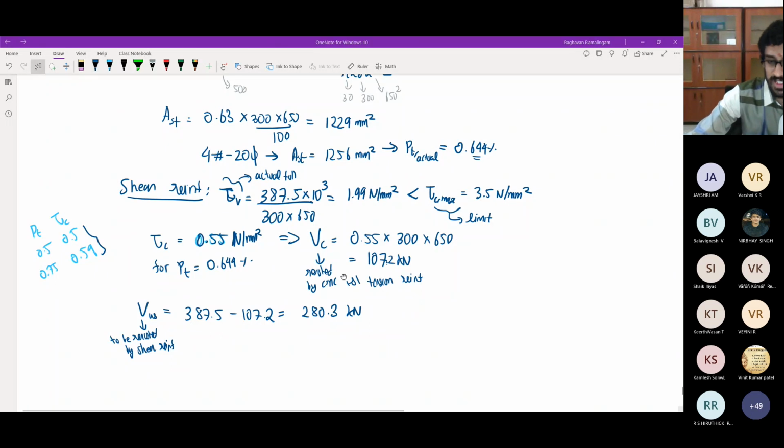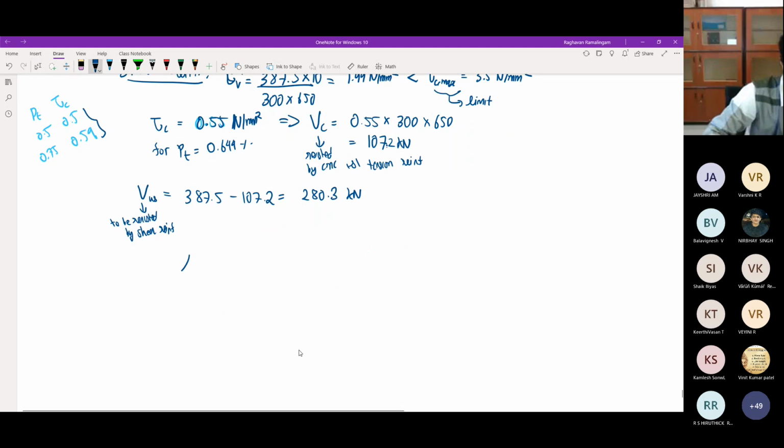Now for this we have a formula. This is not the same formula which we used only for shear. For torsion we have to use the formula given in the torsion part, in clause 41.4.3. Asv equals Tu into Sv by b1 d1 into 0.87 fy, plus Vu into Sv divided by 2.5 d1 into 0.87 fy. D1 is nothing but the actual d which you have.